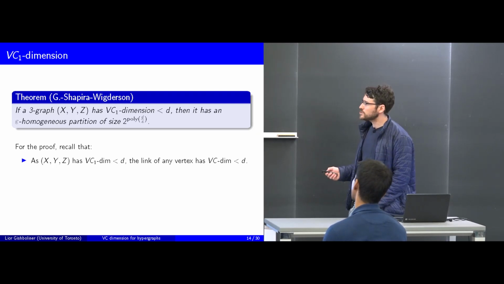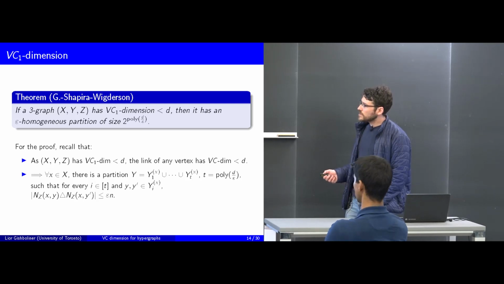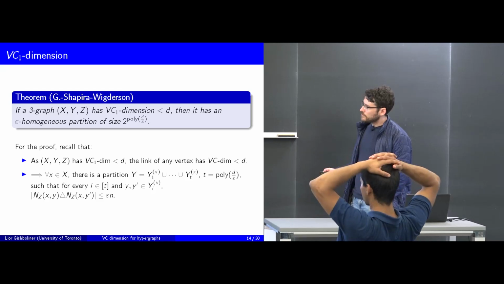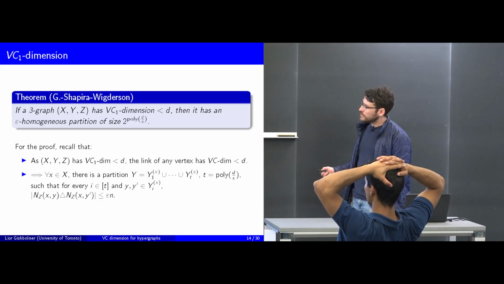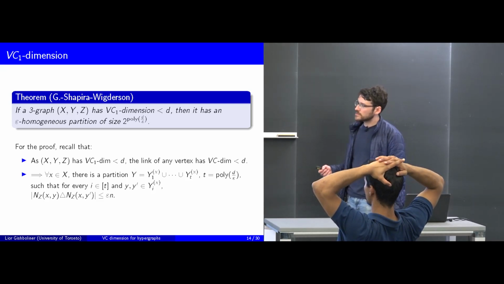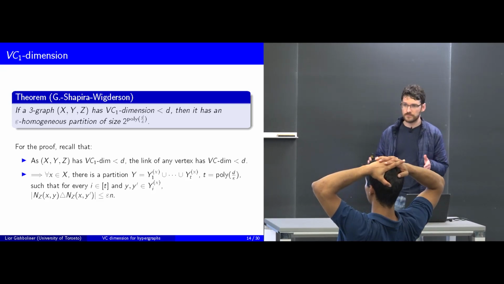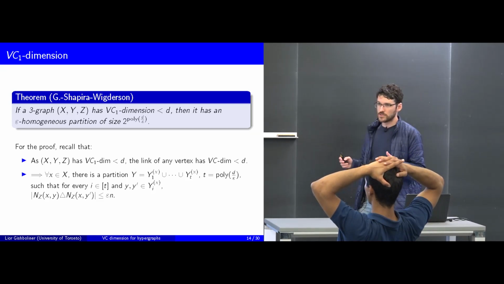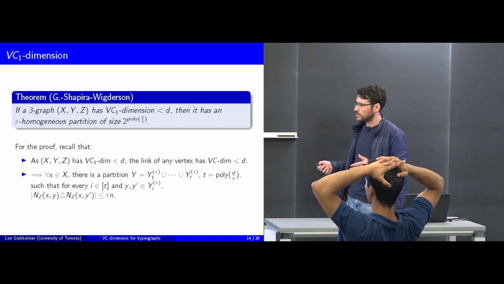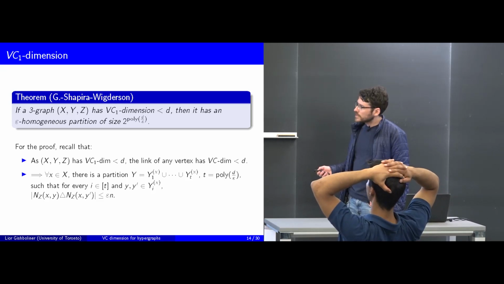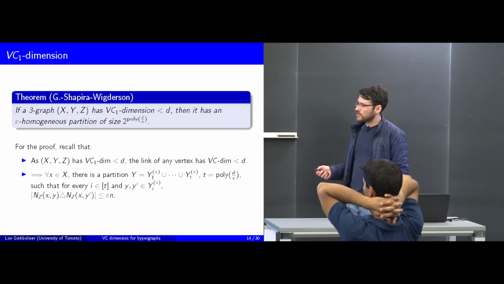That's the definition. And what this means is that if I take any vertex in x, then I can partition y. So if I look at the link of x, that's a graph between y and z. And this graph has bounded VC dimension. So by what I told you a few slides ago, I can partition y into some small number of parts such that any two y and y prime from the same part behave the same in the link of x.